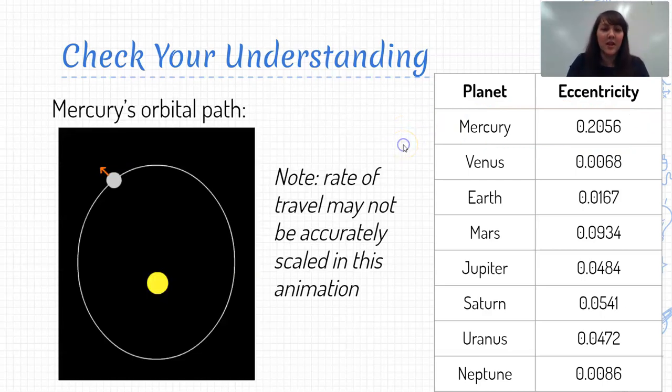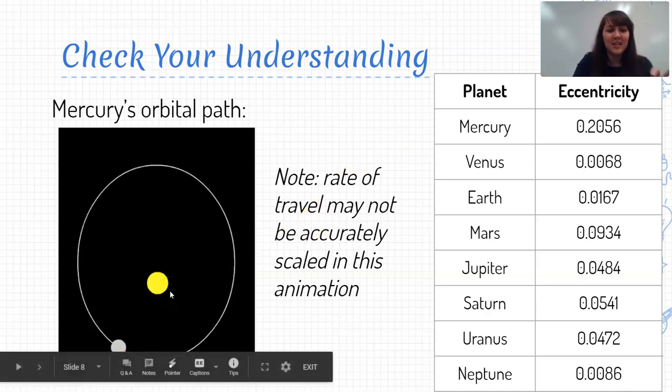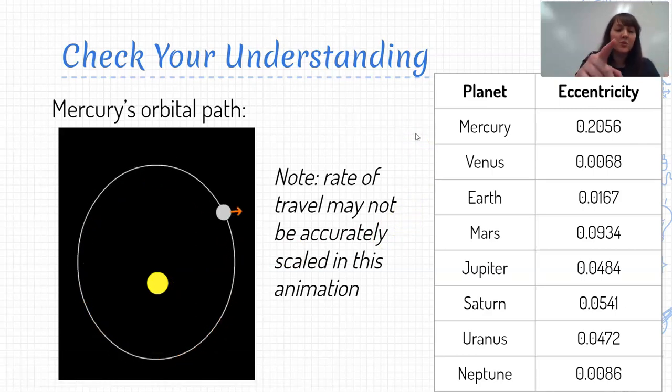And in fact, we'll see a little animation right here, which doesn't show the rate of travel in an accurate way. But what we can see here is that this definitely isn't exactly a circle. It's definitely elliptical, and we see that the sun is closer to the bottom of the ellipse. So when Mercury is down at the bottom, it's at perihelion, and it's going to be probably warmer because it's closer to the sun at that point.